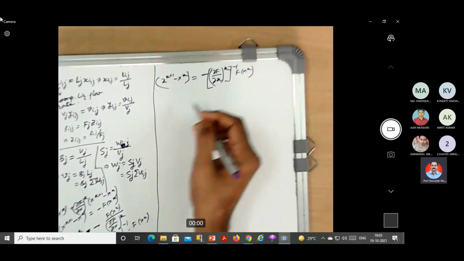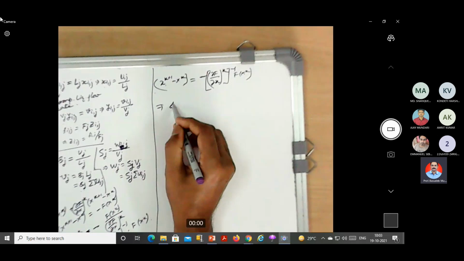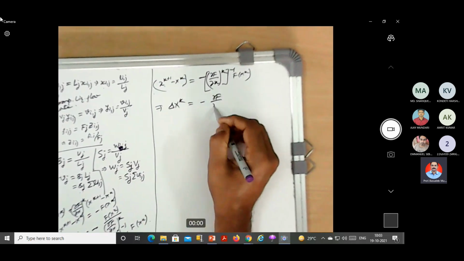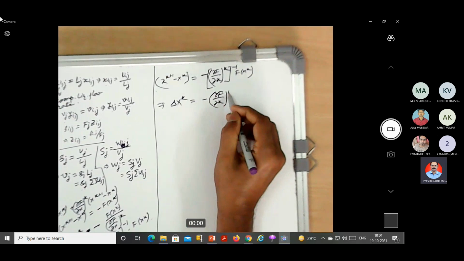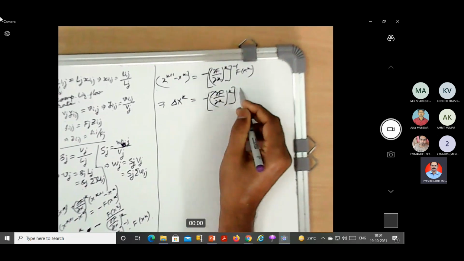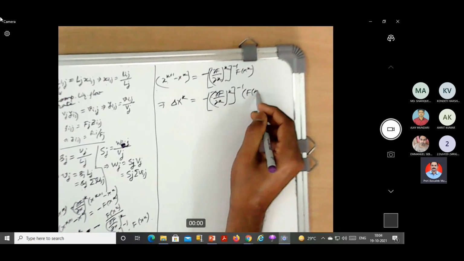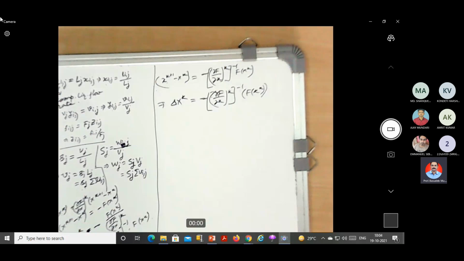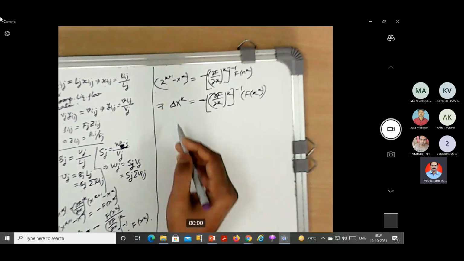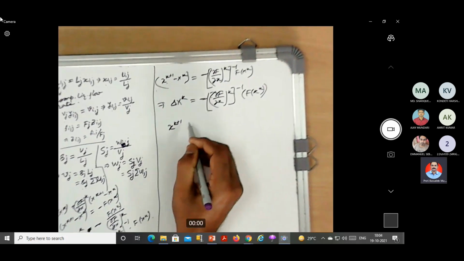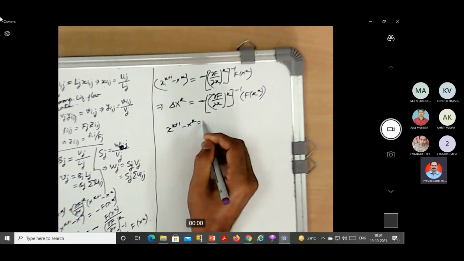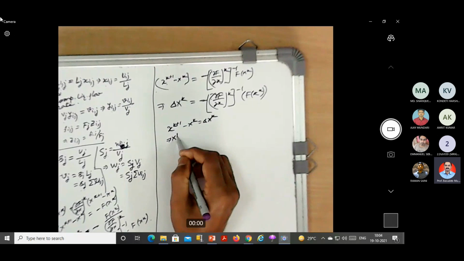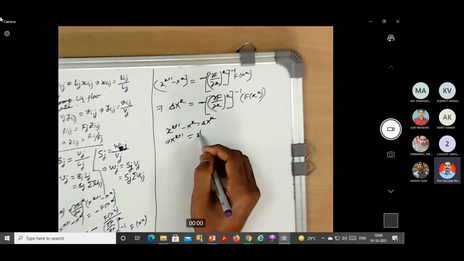So this xk plus 1 minus xk we can write as del xk equal to minus del f del x at kth iteration level to the power minus 1 into f(xk). So this is how we can calculate the change of del x, and from the change of del x we can calculate xk plus 1 minus xk equal to del xk. This is the meaning of del xk, and xk plus 1 equal to xk plus del xk.